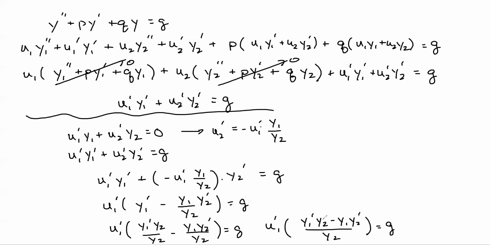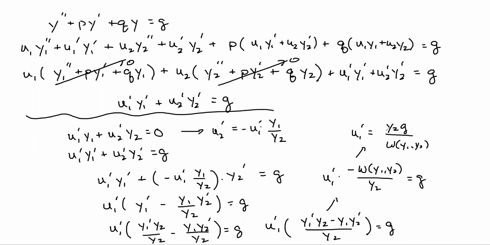So what you can do is say this is the negative of the Wronskian. Let's go this way. We can say u1 prime times the negative of the Wronskian of y1, y2 over y2 equals g. And then one more step here, we'll have u1 prime equals y2 g over the Wronskian of y1, y2, with a negative sign.